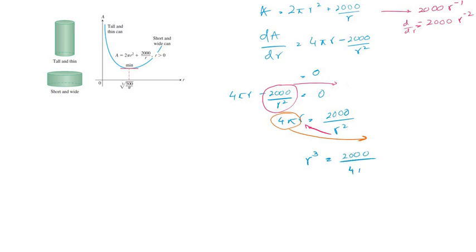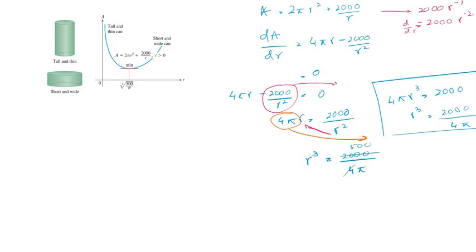So r cubed is equal to 2000 over 4 pi. We can cross off, there are 4 500s in 2000.